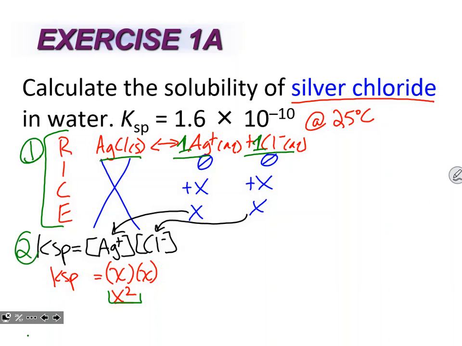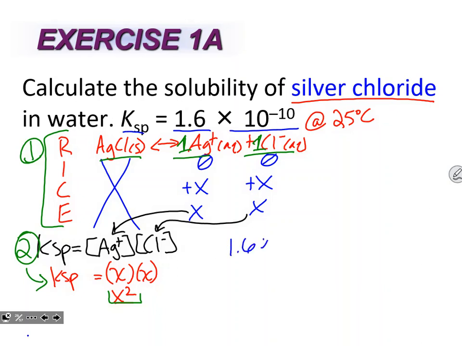You want to show your KSP expression, and then you can plug in there. Show your ratio by doing the reaction, show your expression, and then plug in here. Now we plug in our KSP value, 1.6 times 10 to the minus 10.